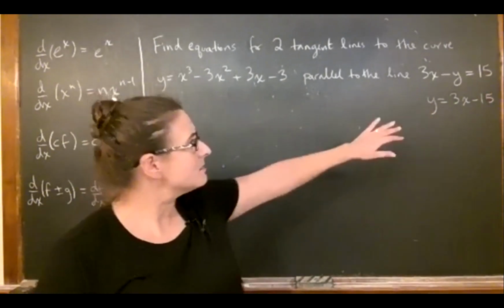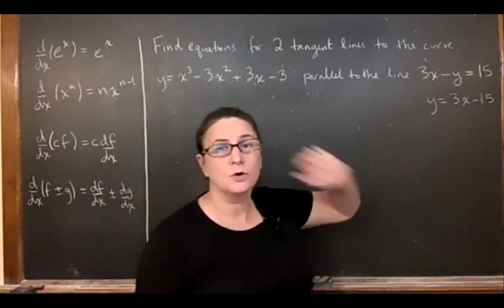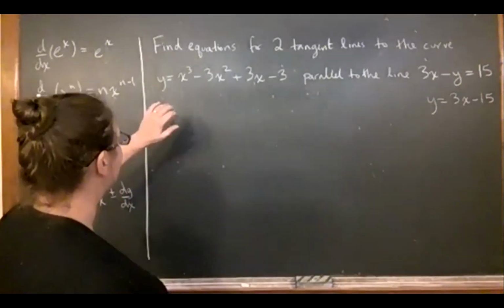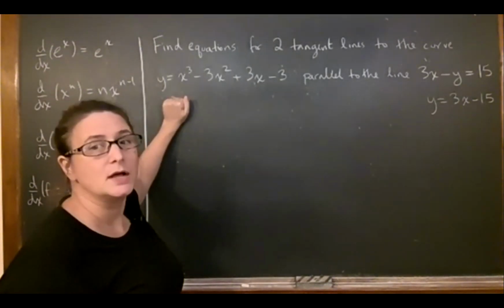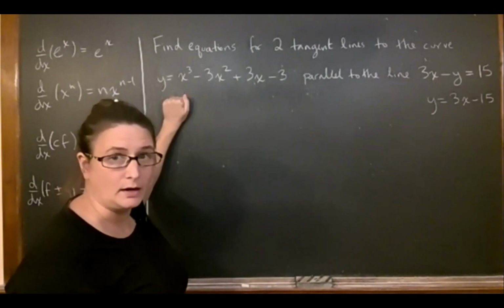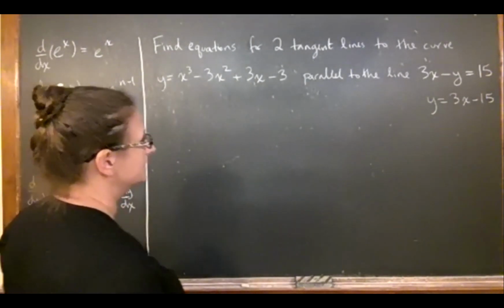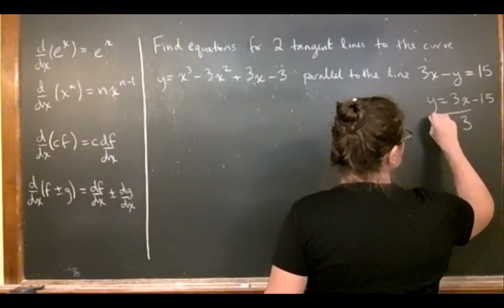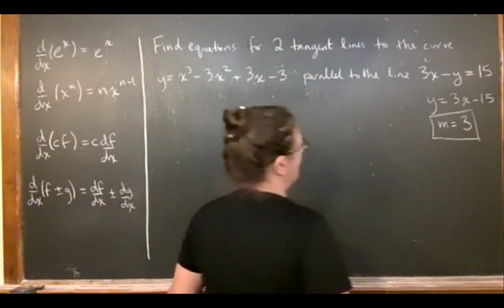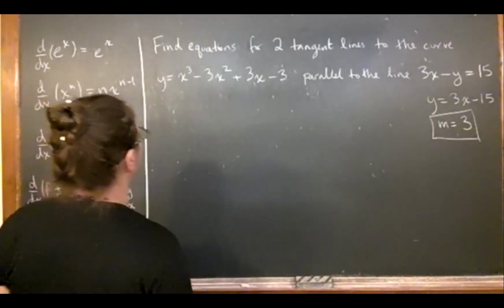So that line, the blue one in the picture, has slope 3. So what we're going to need is to find the derivative here and find x values that also have the slope 3. Okay? So that's the idea. Let me just write that here, m equals 3. That's what we're looking for. Other lines with slope 3, but lines also that are tangent to the curve.